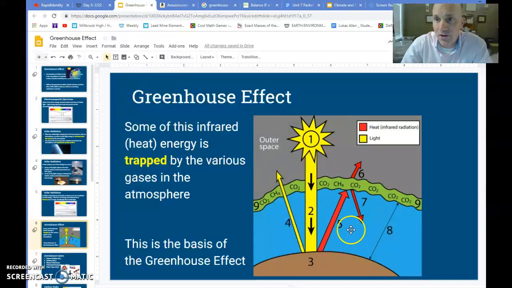The number one thing that traps heat actually is water vapor, and the presence of those things in the atmosphere holds in a lot of that heat that would ordinarily just go back out into outer space. Does some of that infrared energy eventually get radiated back into outer space? Absolutely, a lot of it does. But there are enough of these gases to trap enough of the heat to keep things relatively warm.